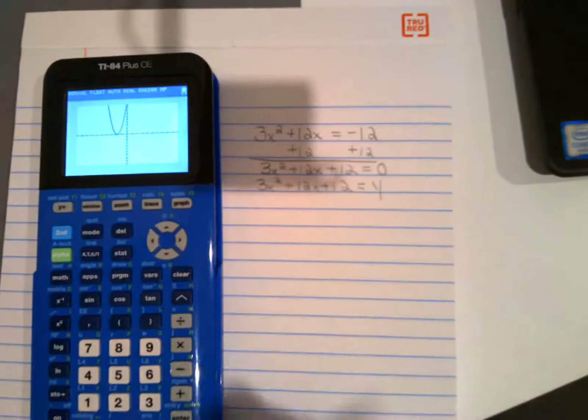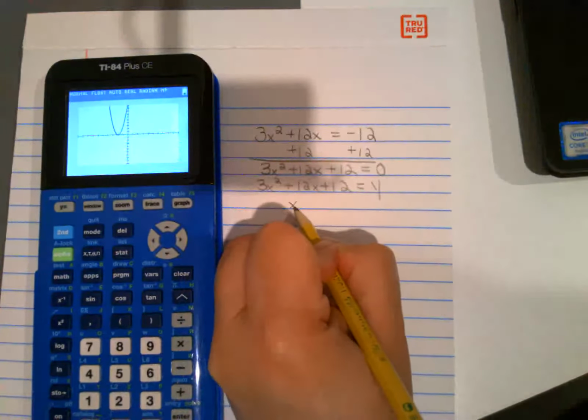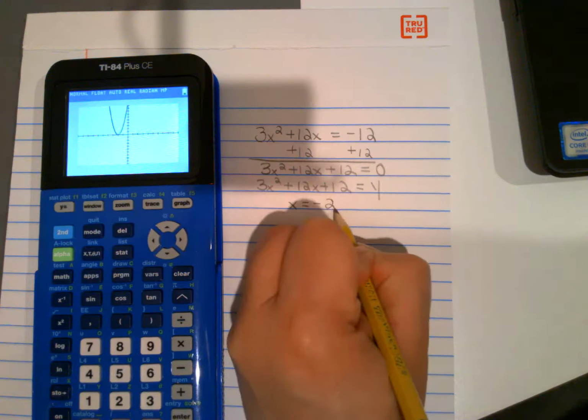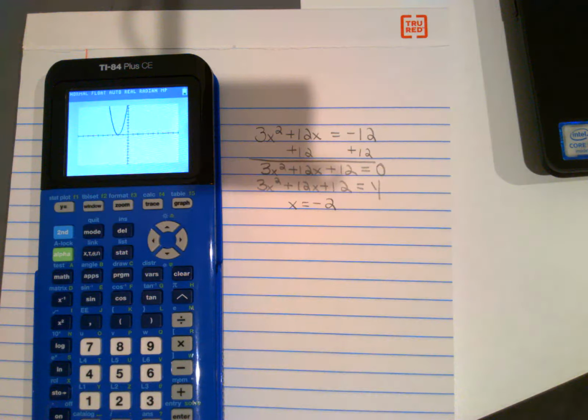So we are going to say, for this one, that x equals -2. So if we were to do the discriminant here, I think we would find that the discriminant is equal to 0, and there's one real solution. And you can double check that.